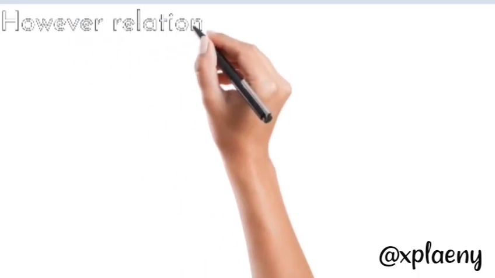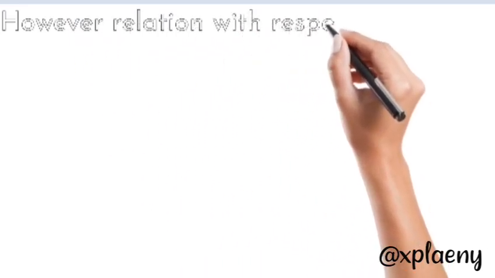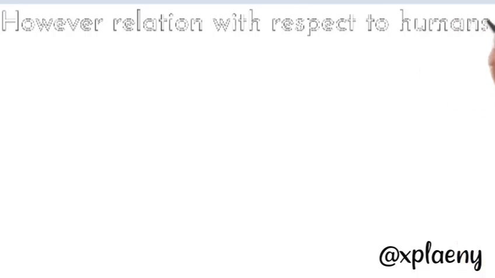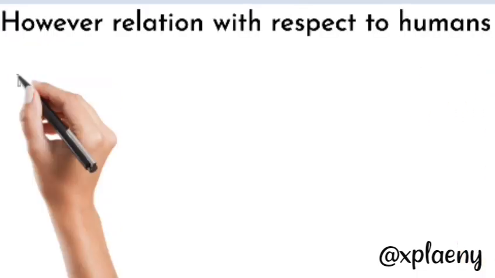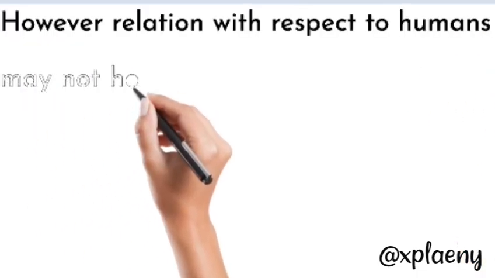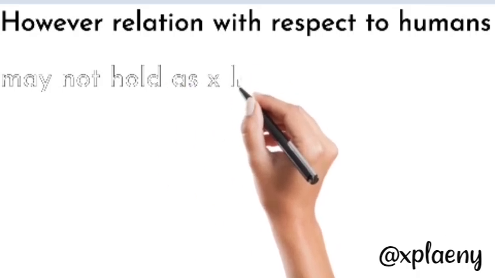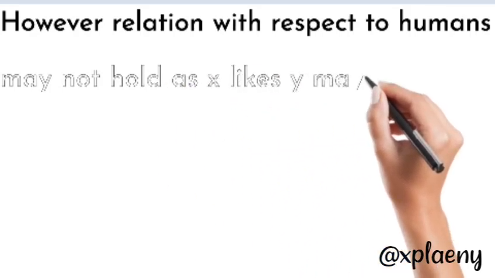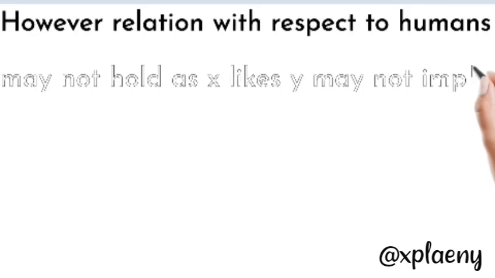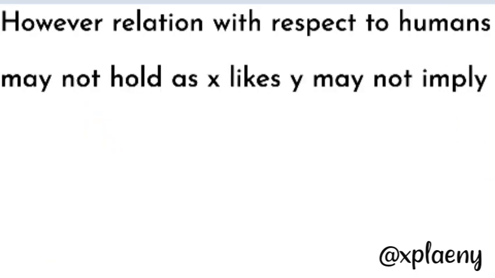But in real life situations, when it comes to humans, when it comes to our daily life, the transitive, reflexive, and symmetric laws of relations may not hold. Take for example relationships between people. You liking somebody does not mean the person likes you.